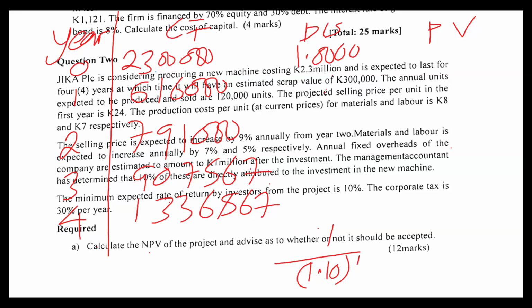So for year 1, it's 0.9091. For the second year, raise this to the second power.